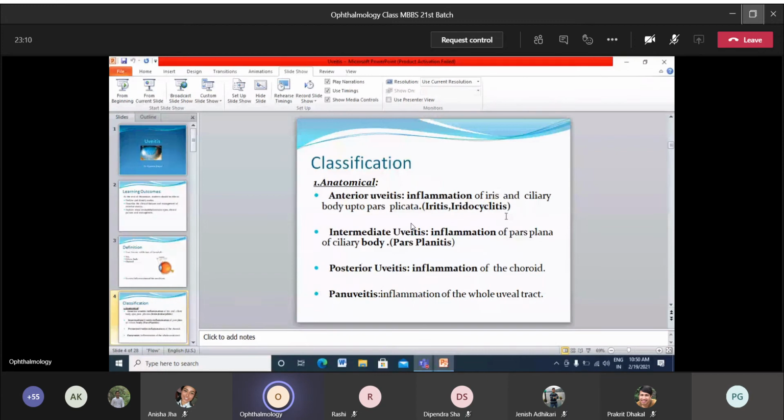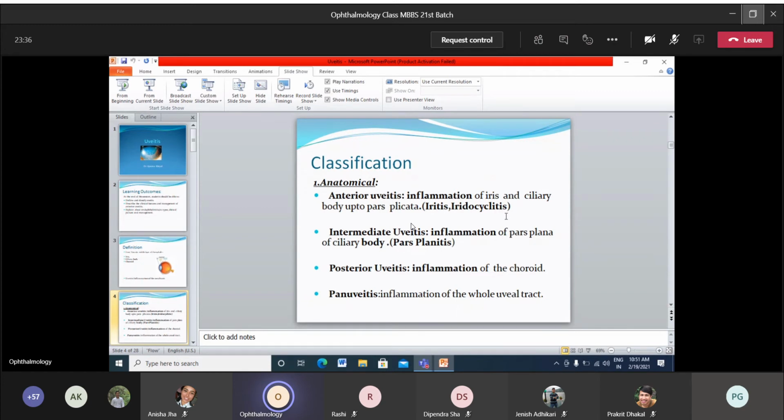The ciliary body has two parts, pars plicata and pars plana. Whenever there's inflammation of the iris and ciliary body up to the pars plicata, that is anterior uveitis. It's also known as iridocyclitis if both iris and ciliary body are involved, or iritis if only the iris is involved. Okay, so that's anterior uveitis.